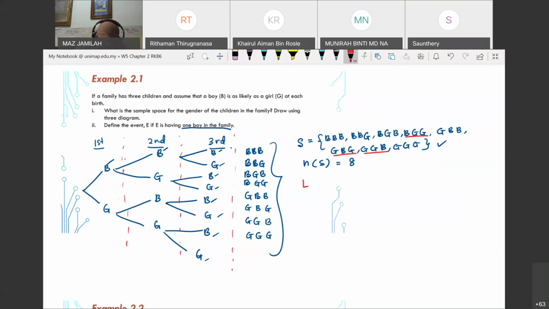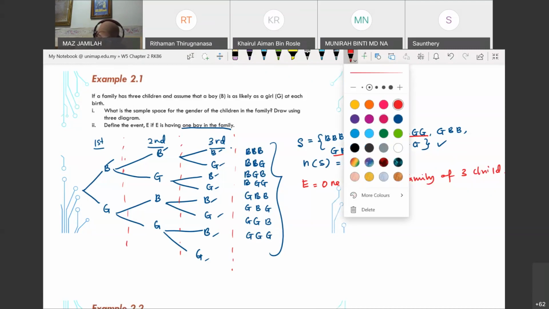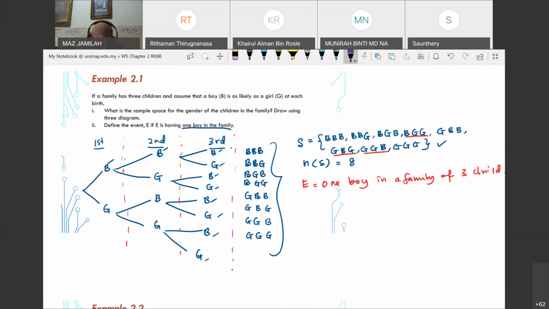So event E is one boy in a family of 3 children. Okay, what if I wish to highlight the event F that is 2 boys in a family of 3 children.